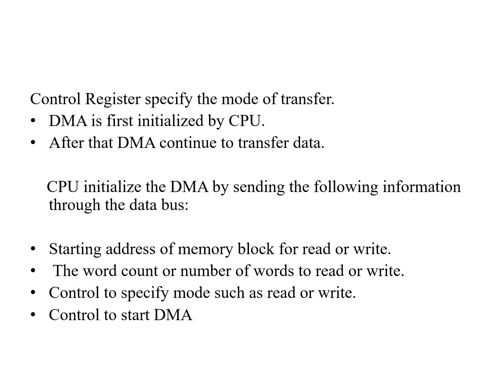The DMA is first initialized by CPU. After that, DMA continues to transfer data. The CPU initializes the DMA by sending the following information through the data bus: the starting address of memory block for read or write, the word count or number of words to read or write, control to specify modes such as read or write, and control to start DMA.